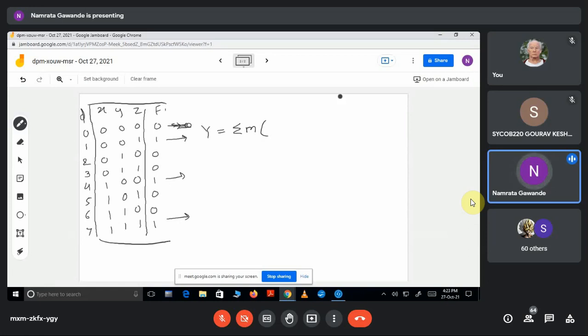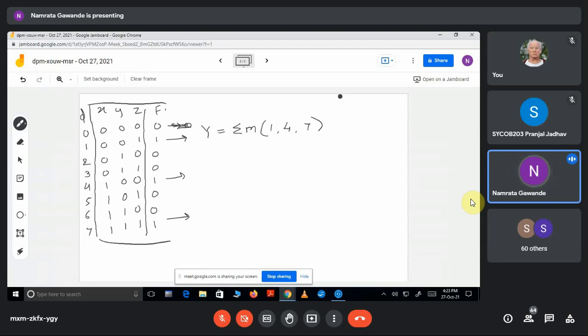Now I can directly write what is the decimal representing this value? 1. So 1, right, comma, what is the decimal representing this value? 4. Okay, what is the decimal representing this value? 7. So directly I can write it, right? Okay, so this is the form that you will be getting by finding all the terms.